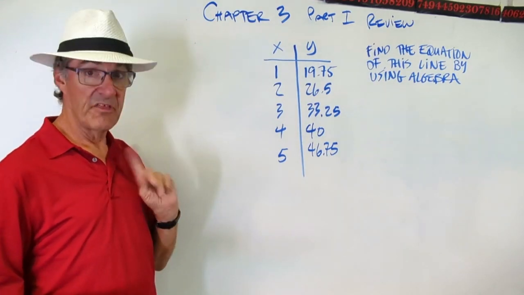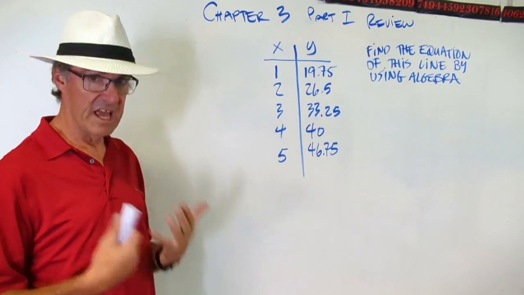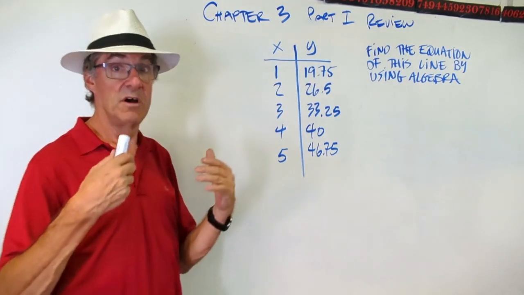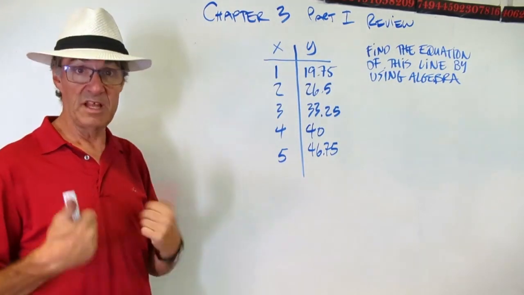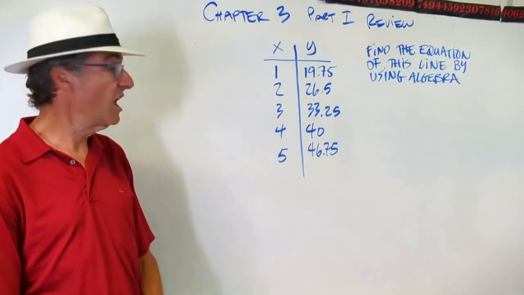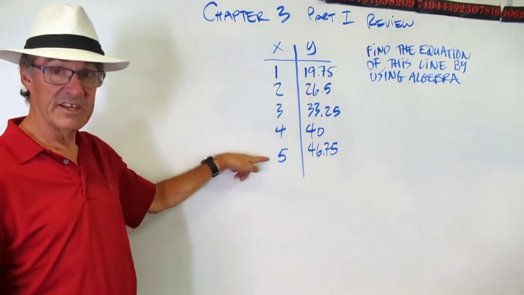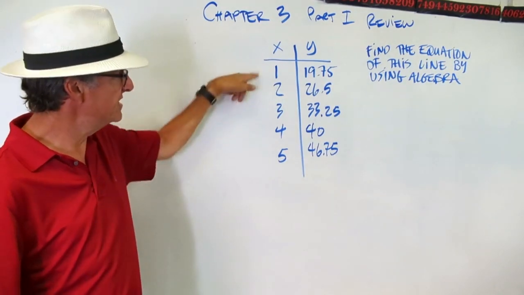Our first thing is to find the gradient. Without a gradient, we can't write a line equation. We've got a bunch of points and we know we have point gradient form. So we can use any one of these points plus this unknown gradient, and that'll help us write the equation of this line. So you can check, if you know this is a linear relationship, you can find the gradient between any two of these points.